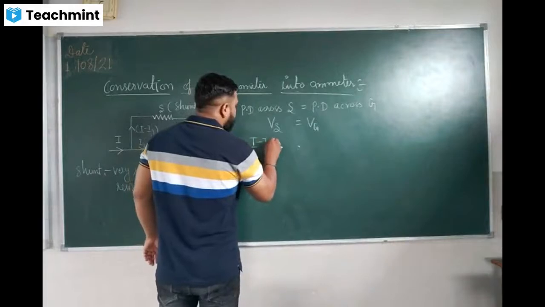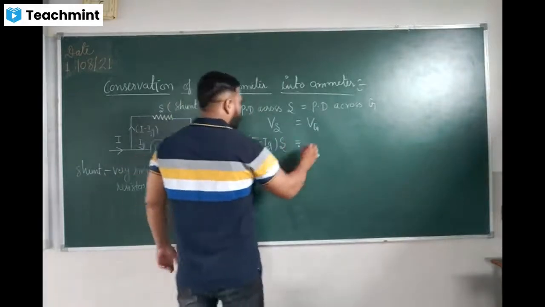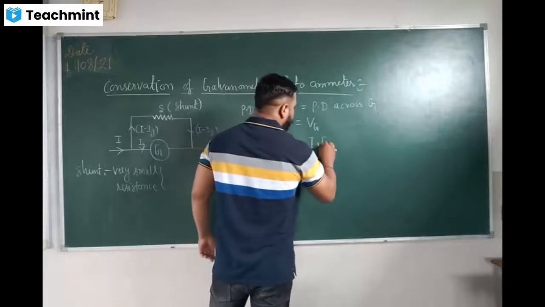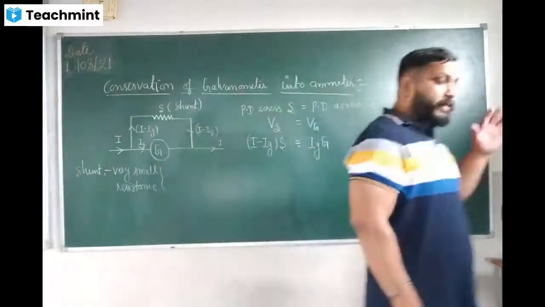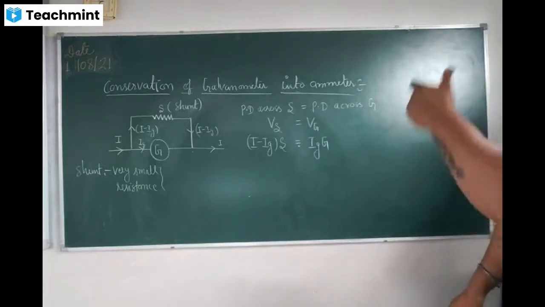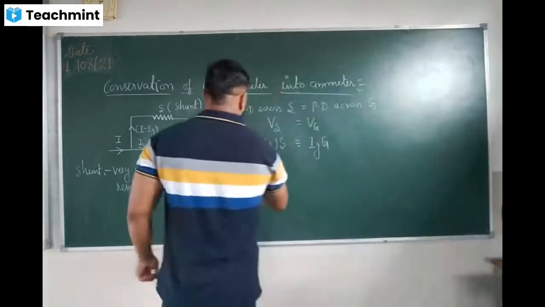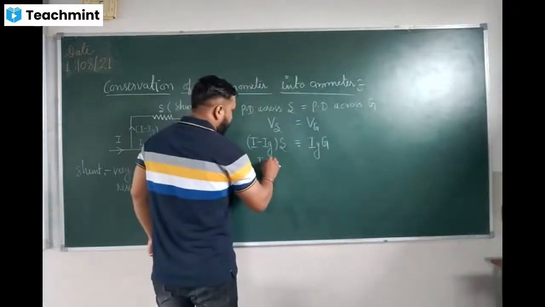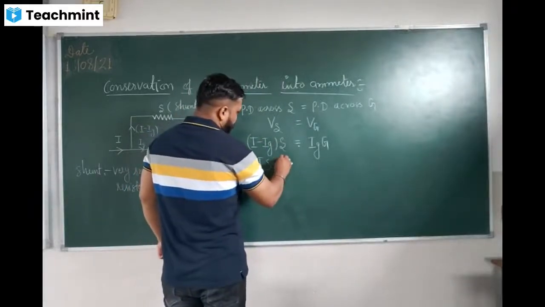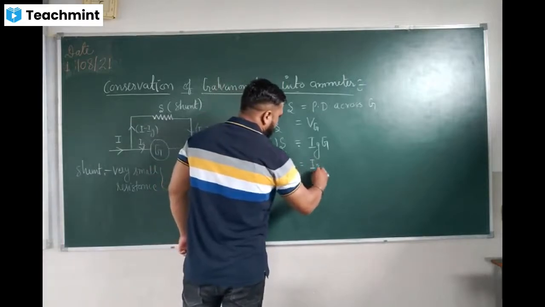(I minus Ig) into S is equal to Ig into G. From here I can find out the amount of resistance I have to connect in parallel with the galvanometer so that it will behave as an ammeter. So let's find it. Now I will multiply it. It will become IS minus IgS is equal to Ig into G.